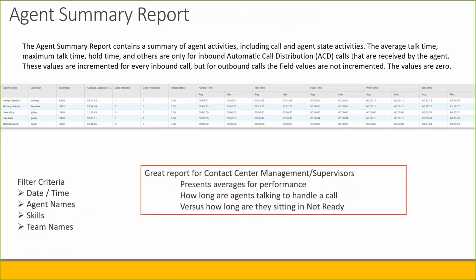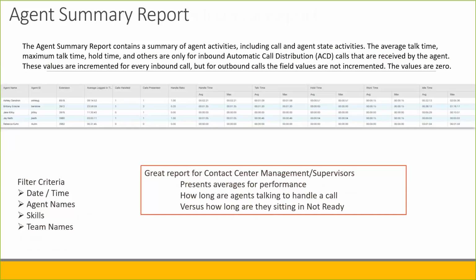The other key piece of information I think here is the handle time, the overall handle time, right? Because we can look at it at a granular level. We can look at talk time, hold time, work time, and we can coach to those. But if we're looking at this at a quick glance and we want to see, okay, let me just see how the handle times are, right?